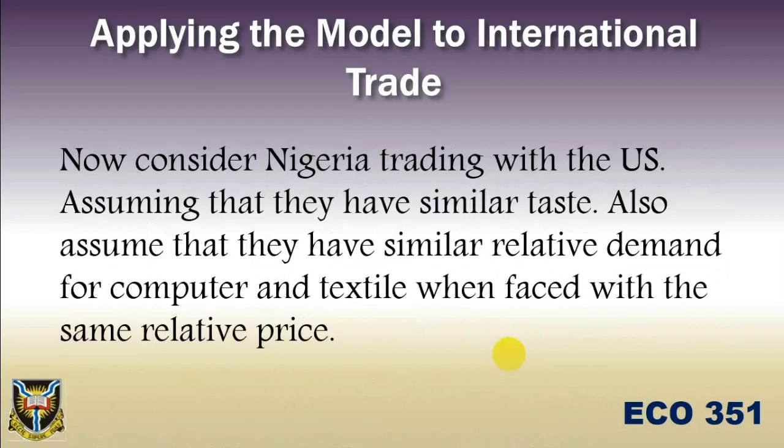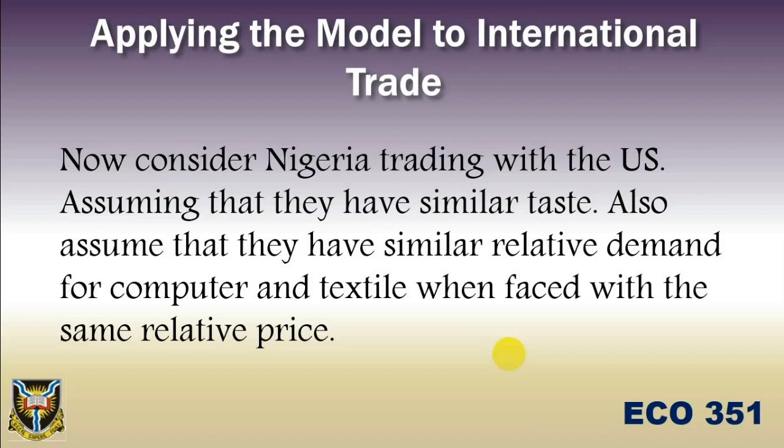Conversely, a country with a high ratio of capital to labor will be relatively better at producing computer, which is capital intensive, than an economy with a low ratio. In a nutshell, it is advisable for a country to produce the good for which it is intensive in the relatively abundant factor. Applying the model to international trade.